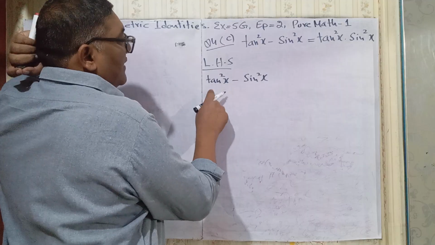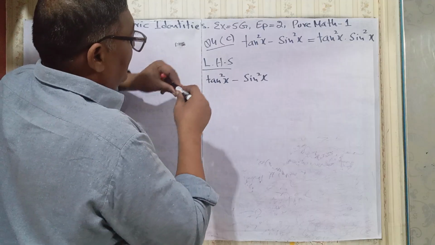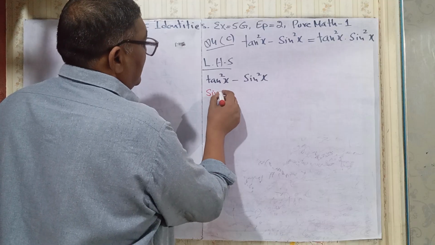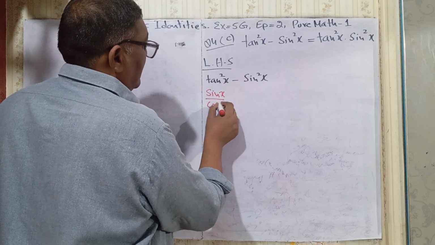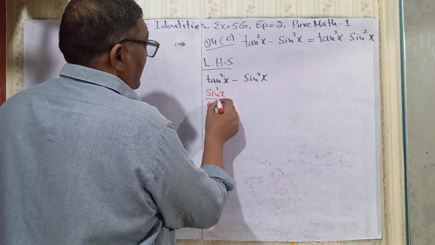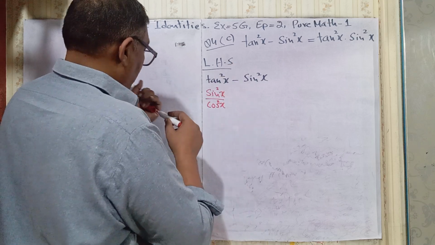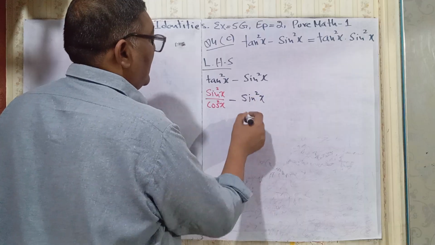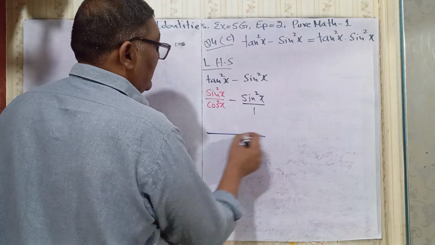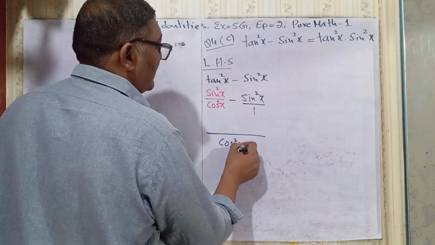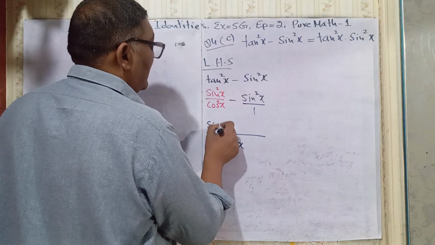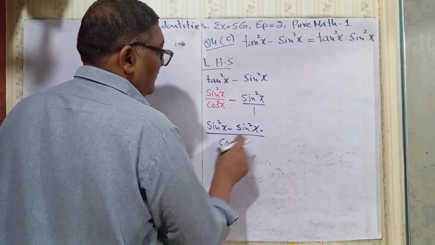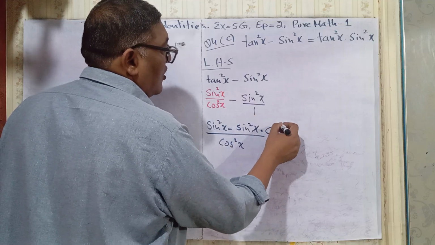You know the tan can be written as sine x by the cos x, and its square, because tan square. So we will have minus sine square x. So here we have by 1. So I will take the LCM. The LCM will be cos square x. So here you will have sine square x minus sine square x, and this will come upstairs. So it will become cos square x.